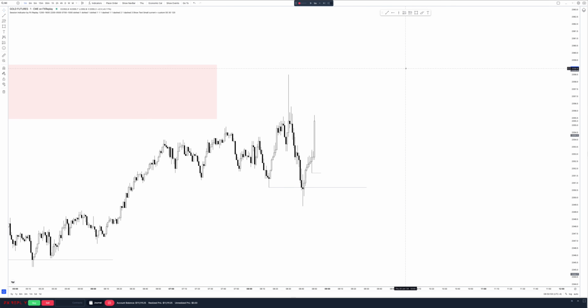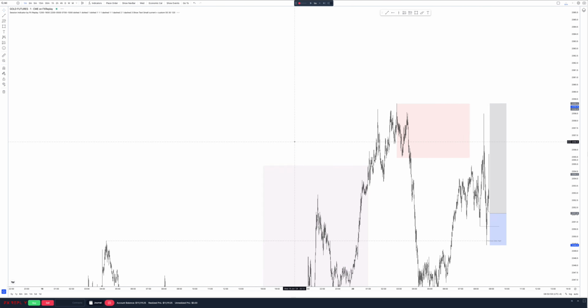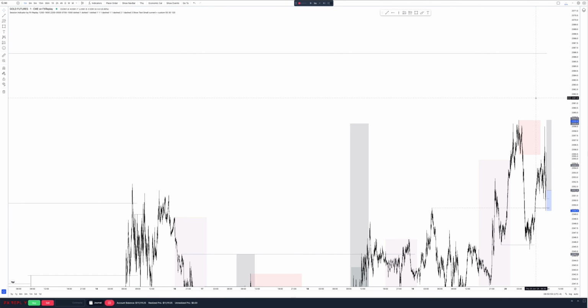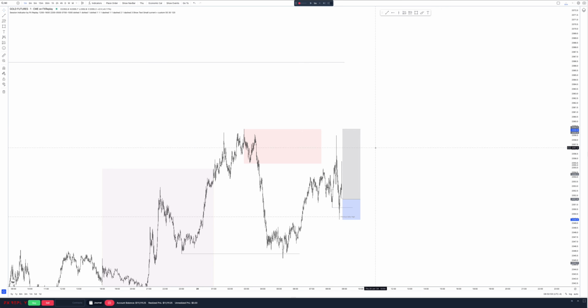All right. I guess that's that. Still on the cards for me. Let's see. Do want price higher, like I mentioned. There's an imbalance above. This still gives me a nice 1, 2, 3. So let's see.